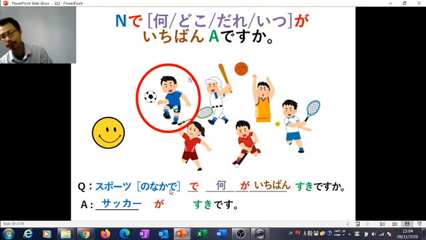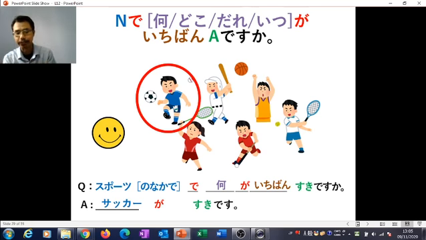Sometimes you can also use this word. スポーツの中で何が一番好きですか or スポーツで何が一番好きですか, both are correct. But when you use no naka de, the meaning is much clearer: only inside the sports, not more than the sport.